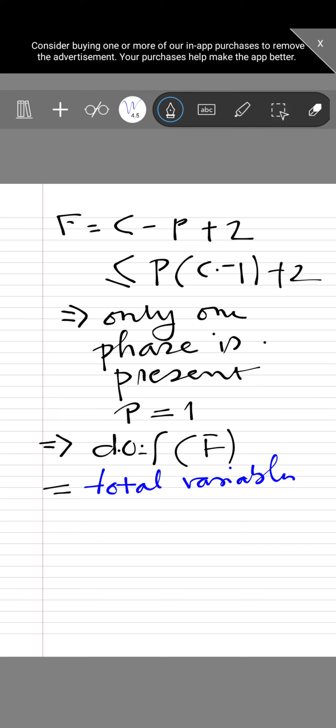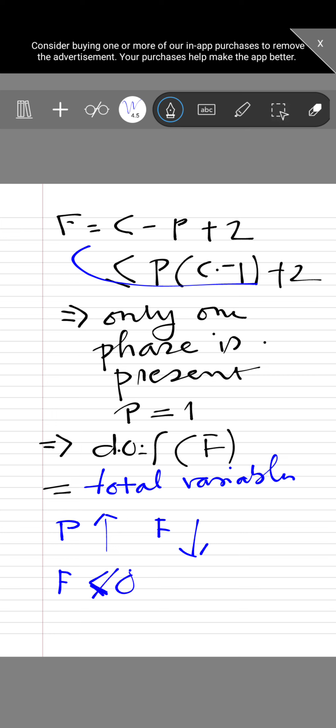Now, as the number of phases increases, the total degrees of freedom will decrease. Since this equation has to be maintained, an increase in P will cause a decrease in F. The degrees of freedom F cannot be less than 0.